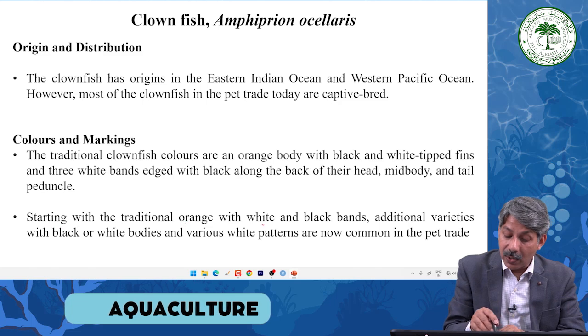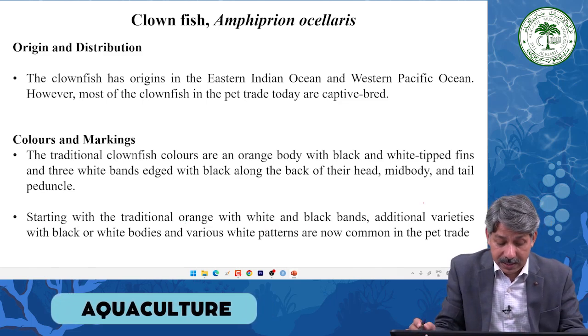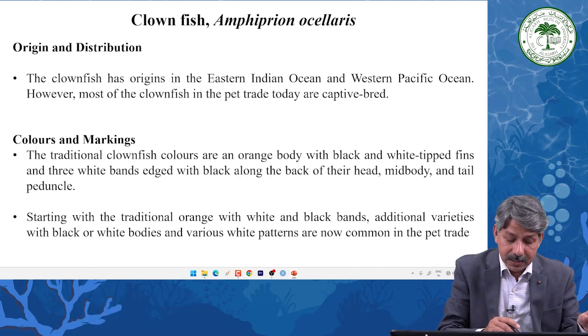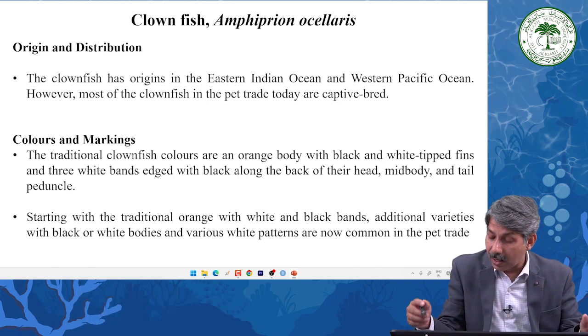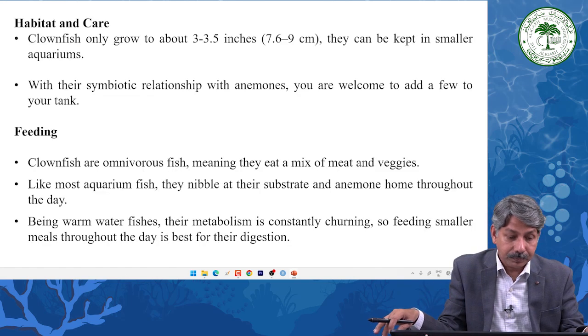Starting with the traditional orange with white and black bands, additional varieties with black or white bodies and various white patterns are now common in the ornamental fish trade. This is how it looks like.